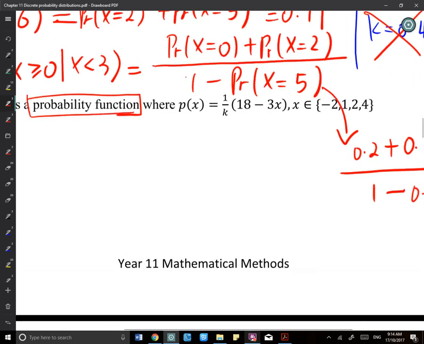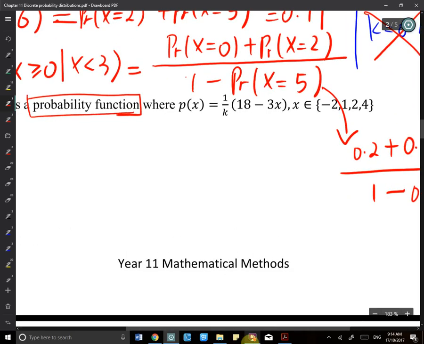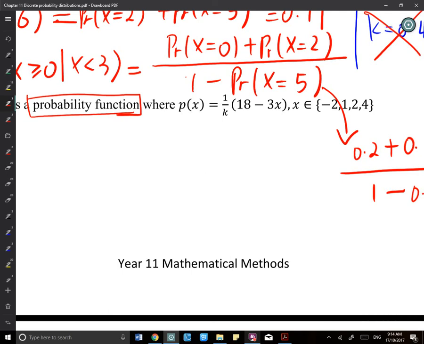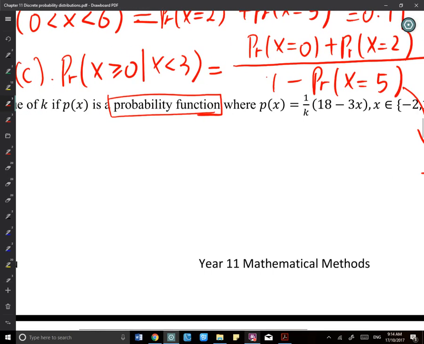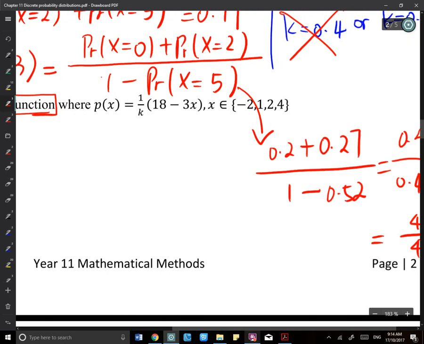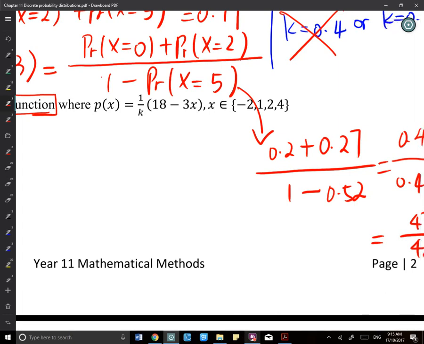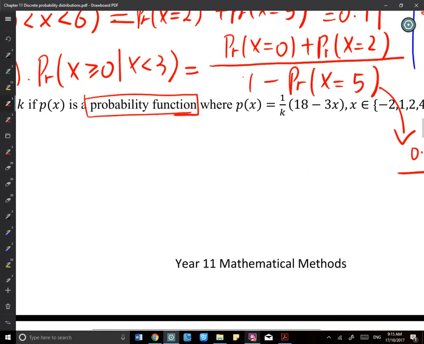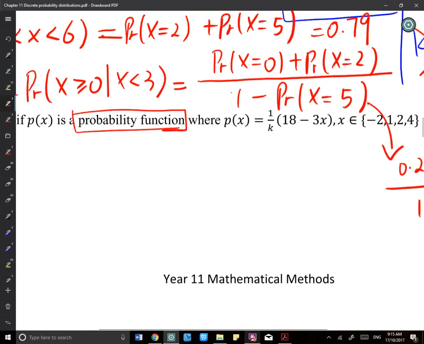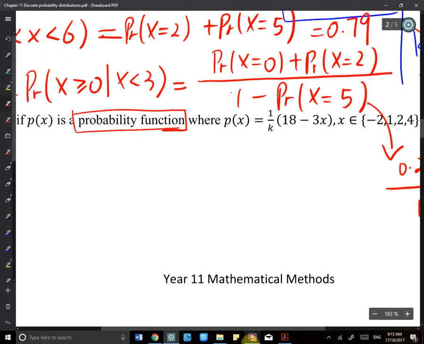The rule says p(x) is 1 on 8 times (18 minus 3x), where x can only take -2, 1, 2, and 4, and it asks us to find the k-value. Again, this k-value, if you add up all the probabilities, should give you 1 as well. That's the same as a table. In other words, I can convert that into a table. How can I convert that into a table? So I can sketch a table.